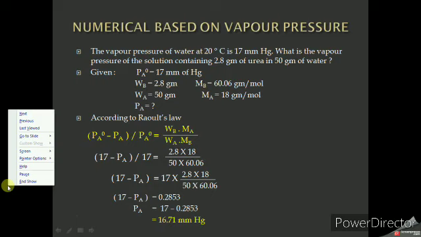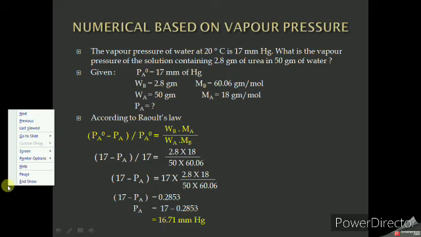Then mass of urea Wb is equal to 2.8 gram. Molar mass you have to calculate, for urea it is 60.06 gram per mole. Then mass of water, that is solvent, is equal to 50 gram, and molar mass of water is 18 gram per mole.